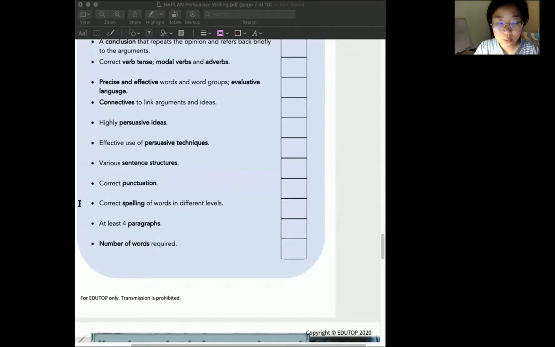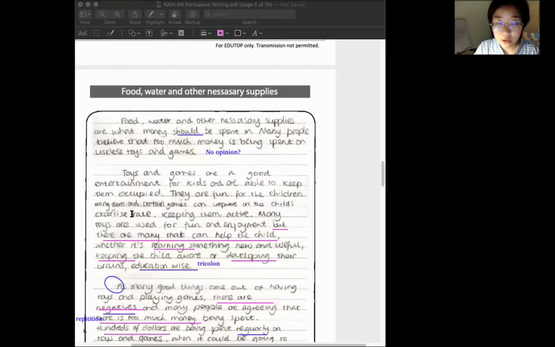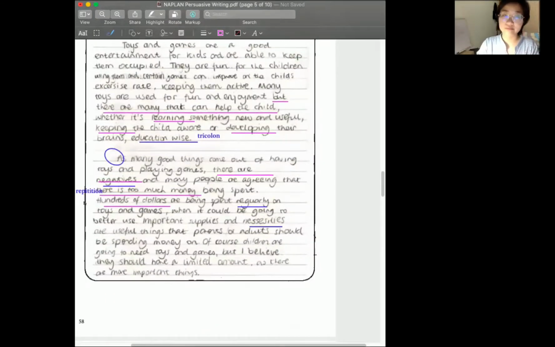Those difficult words are supplies, environment, enjoyment, occupied, certain, weather, education, developing, computer, unhealthy, negatives, limited, electronic, activities. So challenging words are necessary. Necessities, these are challenging words.